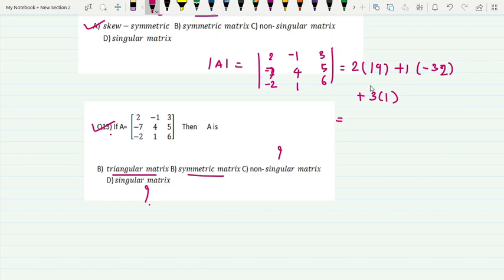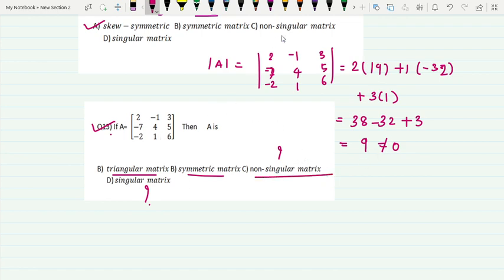So let's see how much it is. 38 minus 32 and plus 3, it is 6 and this 9. So clearly it is not equal to 0, so it is a non-singular matrix.